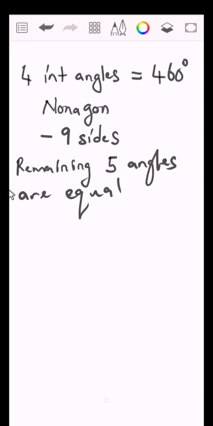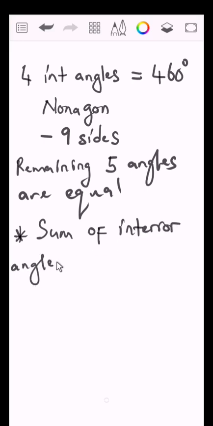sides. So before we go anywhere, we should find the sum of interior angles of a nonagon. So we are going to be dealing with this important property of angles. The sum of interior angles is equal to n minus 2 multiplying 180 degrees, where n is the number of sides.